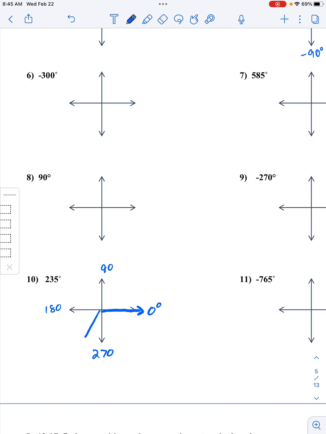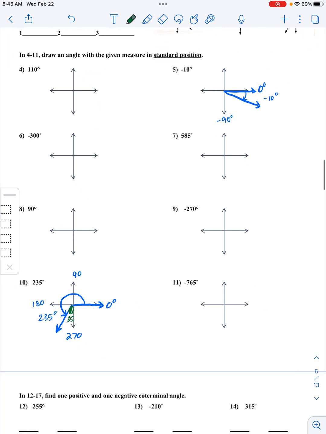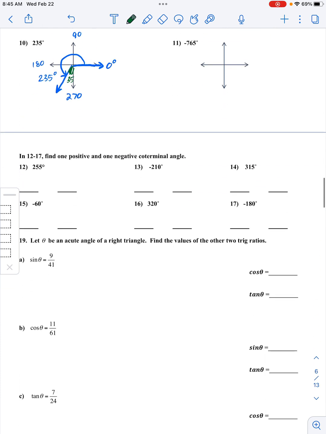So I'm going to go to about here. I'm passing 90, I'm passing 180, and I'm going all the way over here to 235, which is just 35 away from 270. So I want to be closer to that. So the whole front page is just drawing accurately.